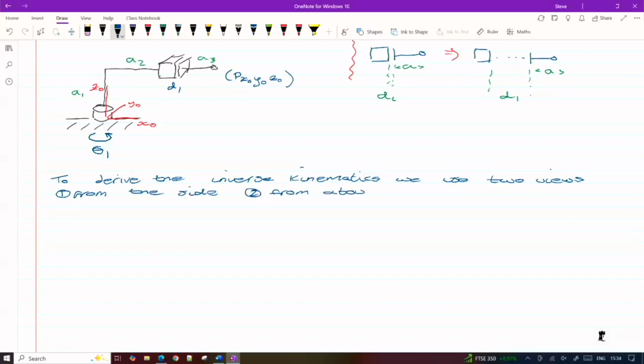So take two views, one from the side, one from above, or one from above, one from the side. The order you do it in can matter.